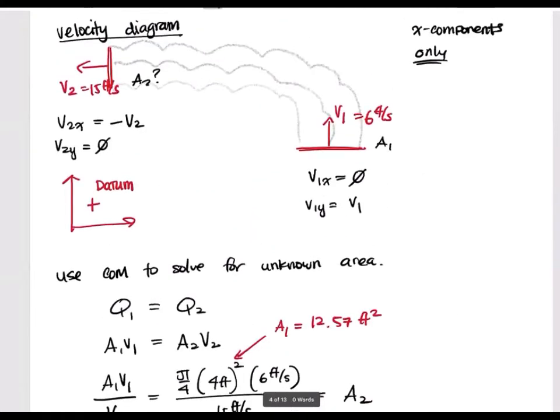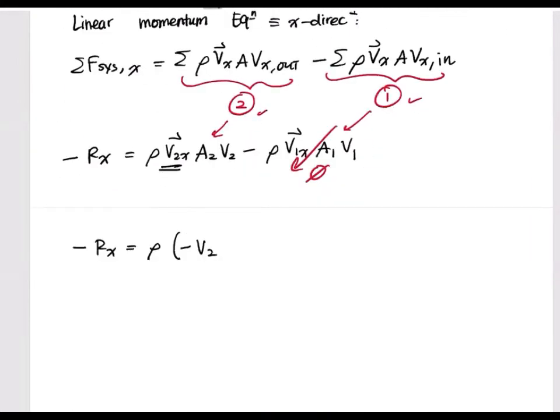That's what we got from our velocity diagram. A2, V2 minus 0, right? You don't have to put the minus 0 actually if you don't want to. It's gone. Now, after careful analysis, these negatives go away, right? And we end up with Rx is equal to rho V2 squared A2.